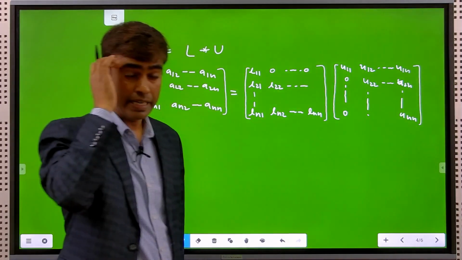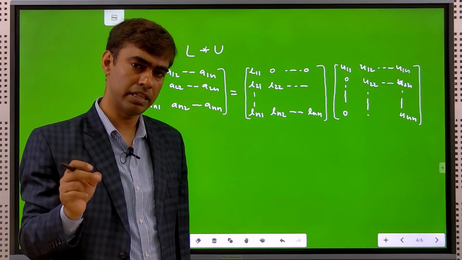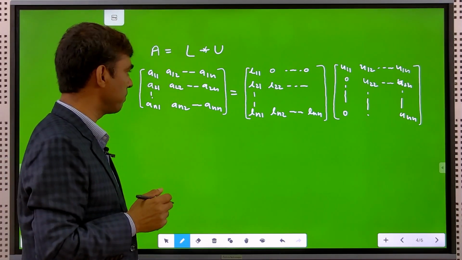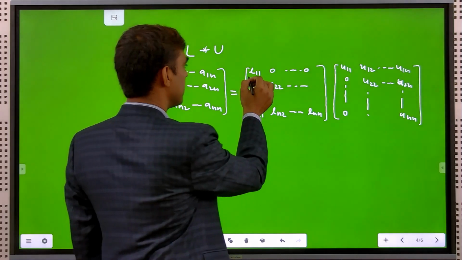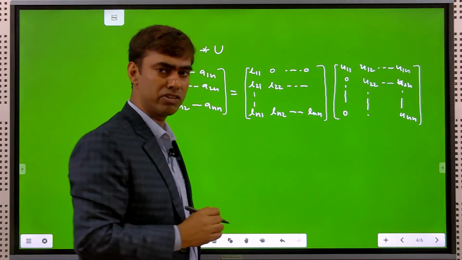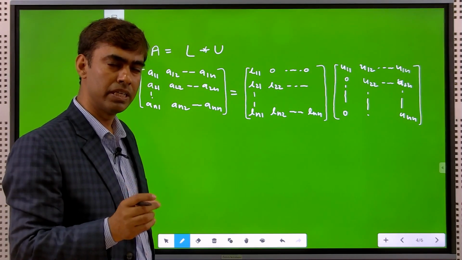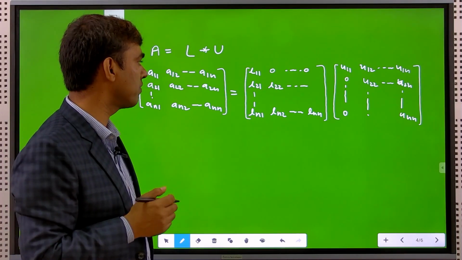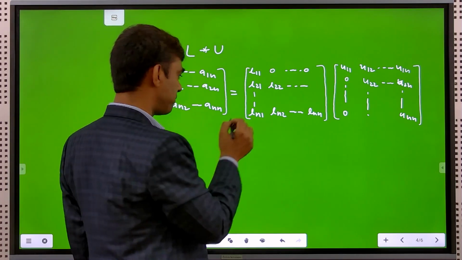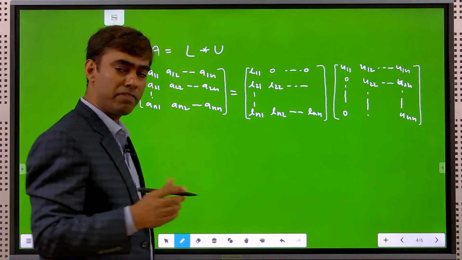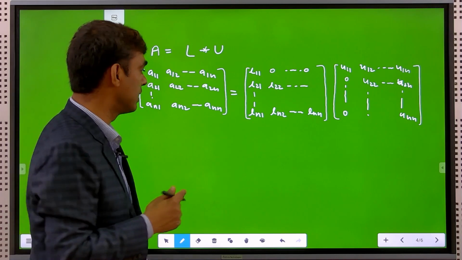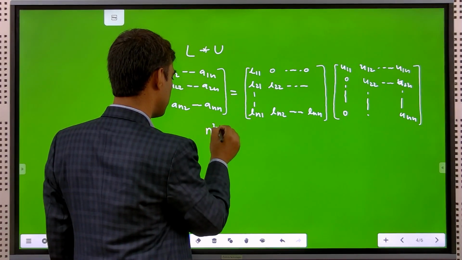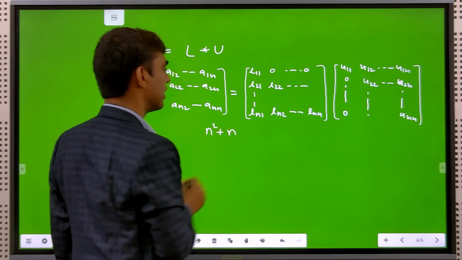Now, in order to find the elements of the lower triangular matrix and the upper triangular matrix, what will happen? If we multiply the lower triangular matrix by the upper triangular matrix and write this in the form of equations, then how many unknowns and how many equations are there? There are n square plus n unknowns.